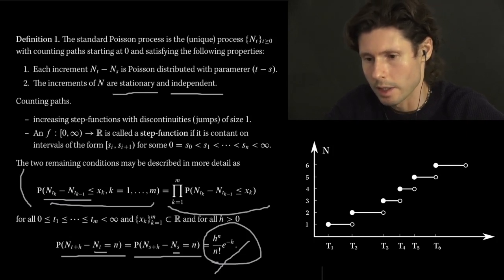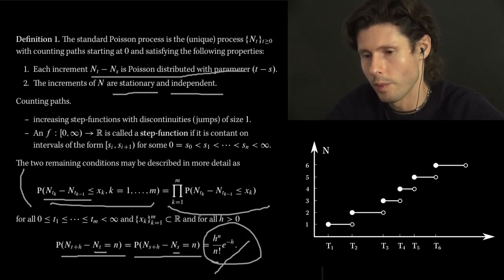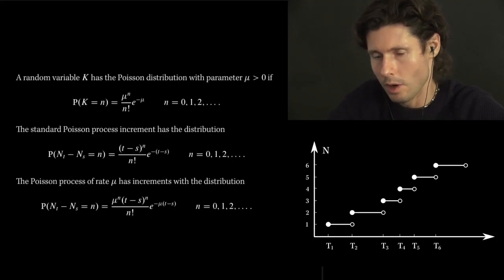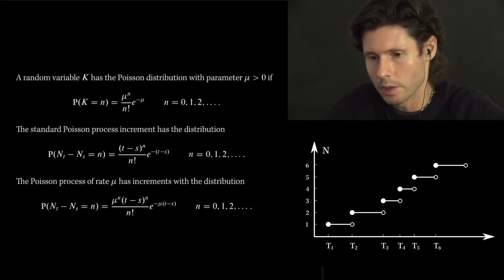And finally, this specific form is actually something that's Poisson distributed with the parameter as the length of the increment. So we're going to look at the next slide, the definition of the Poisson distribution, but this is what it is. So here is the Poisson distribution.